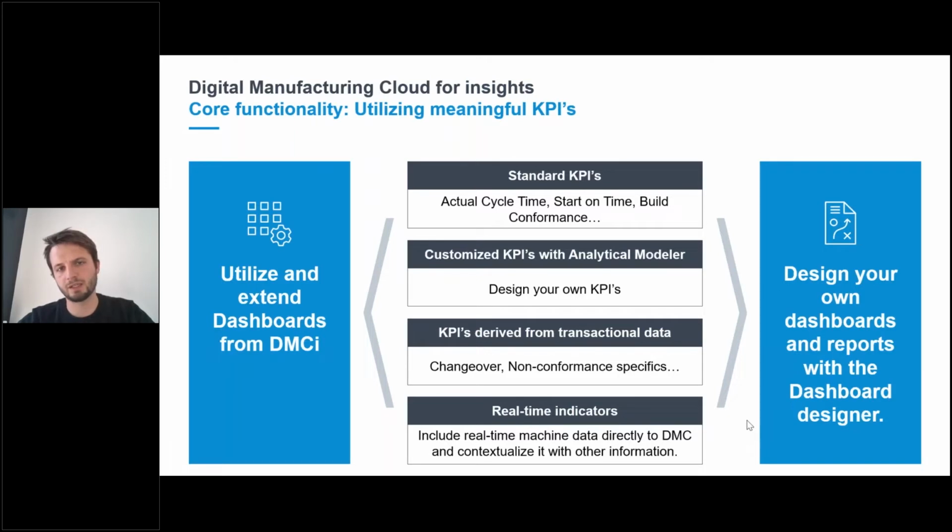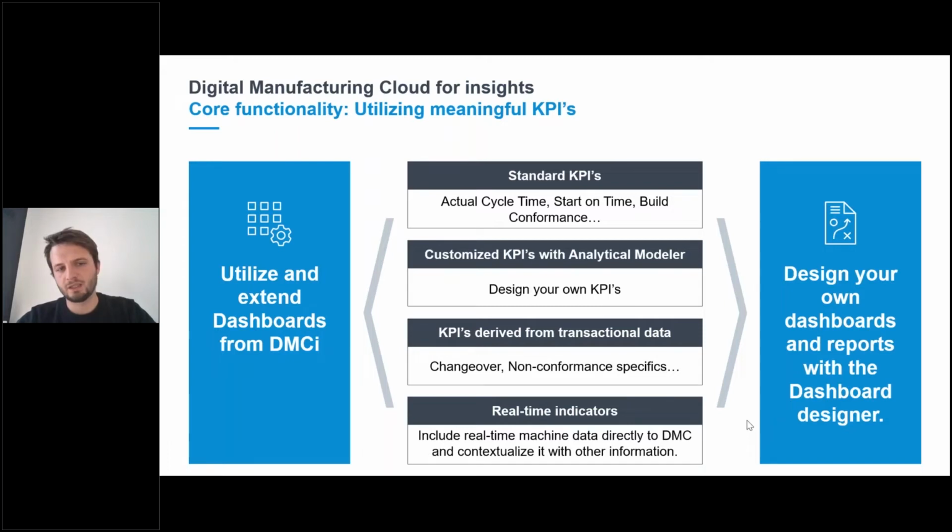The number of standard KPIs, of course, will grow and grow the longer the DMC exists and is on the market, and also, of course, depending on what the customers require.